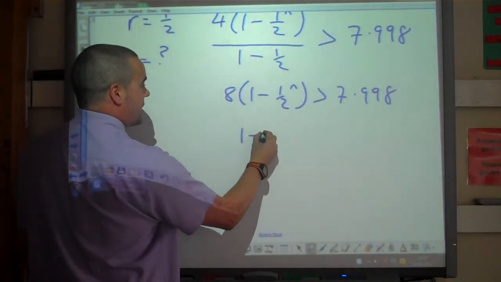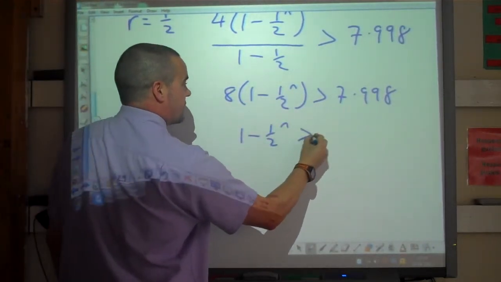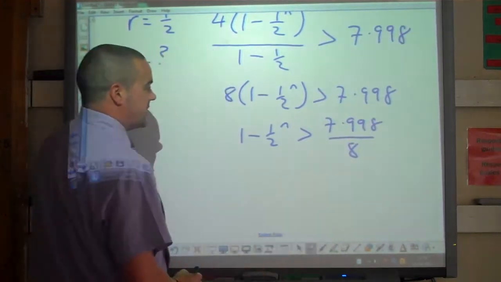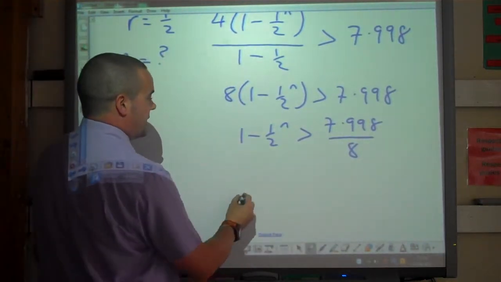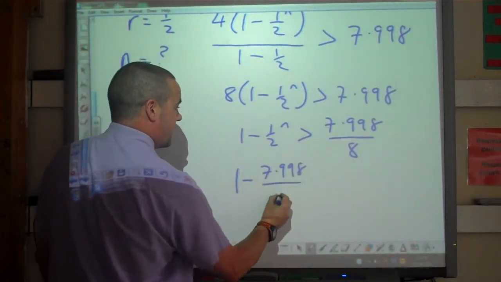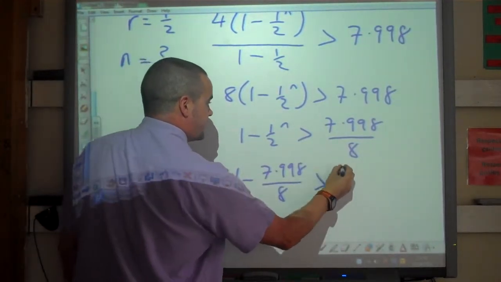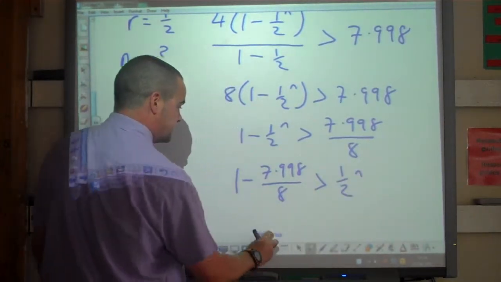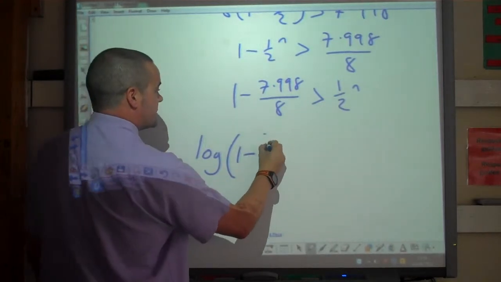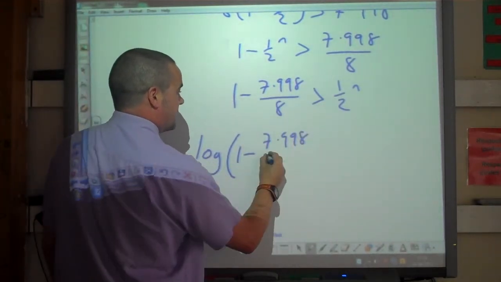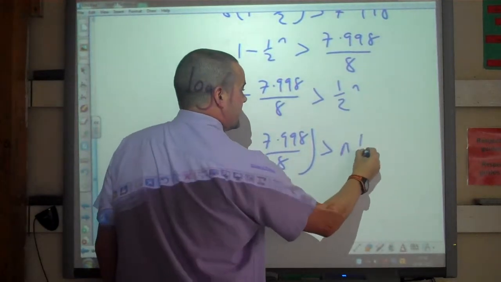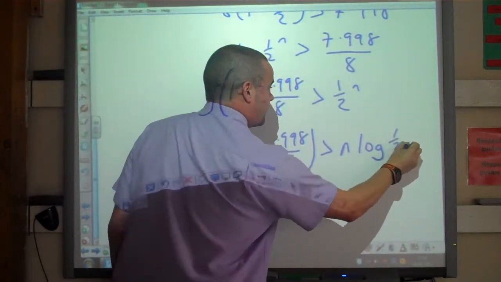That leaves me 1 minus a half to the n is greater than 7.998 divided by 8. That gives me 1 minus 7.998 over 8 is greater than a half to the n, and that gives me log of 1 minus 7.998 over 8 is greater than n log a half.